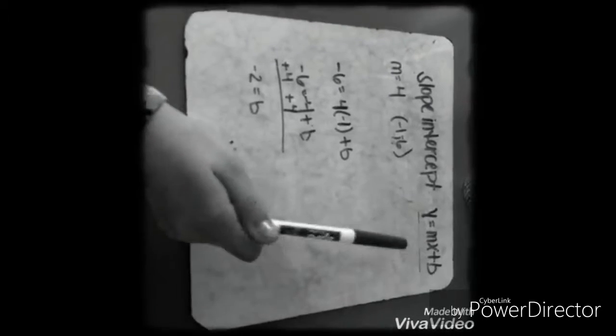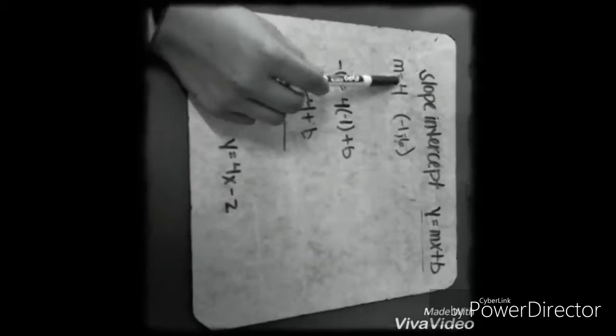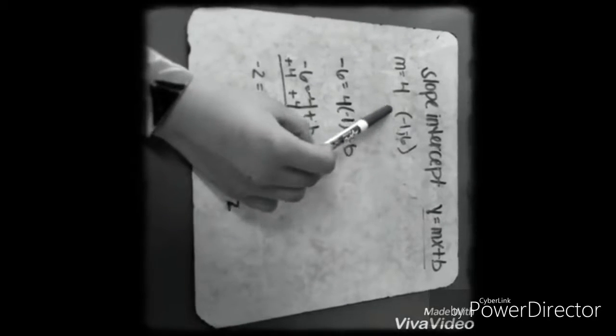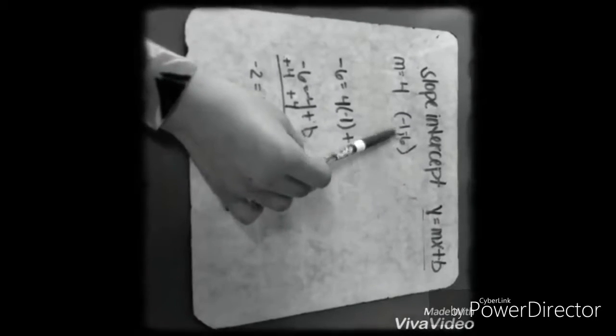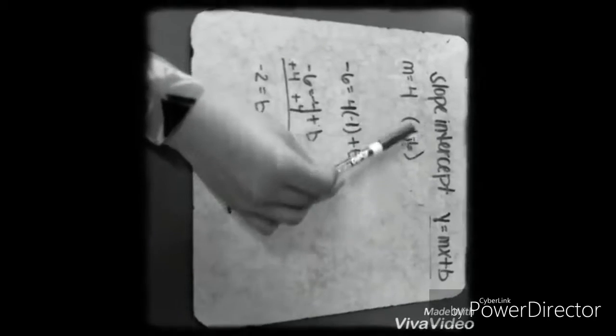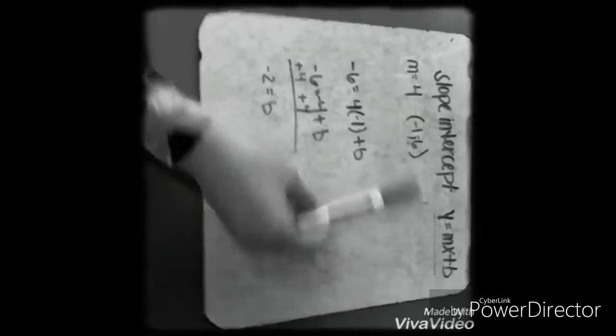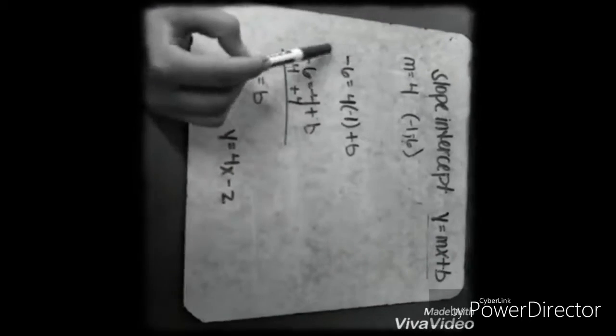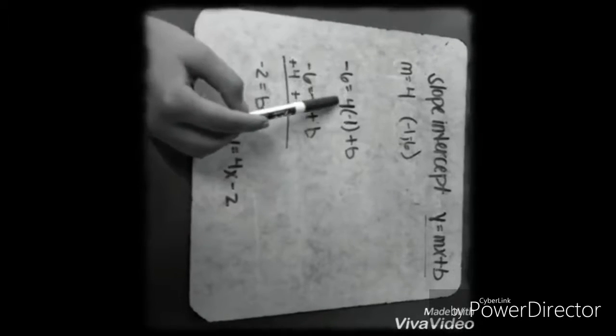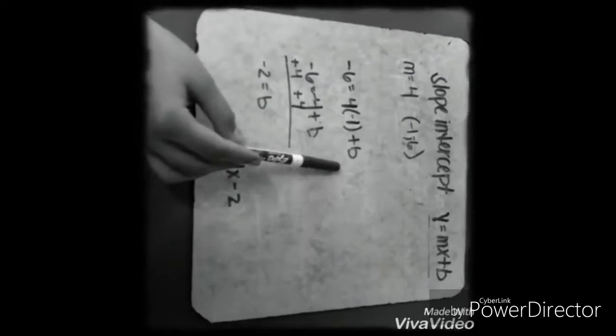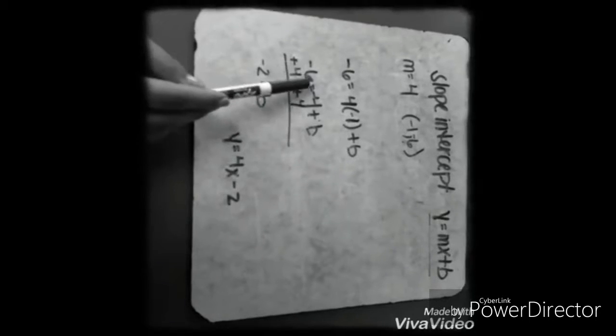Let's find the equation of the line that has the slope of 4 and passes through the point (-1, -6). We have our m, our x, and our y, and the only thing we're missing is our b. So let's plug these in to figure out what b is. So we would put in -6 equals 4 times -1 plus b. And when we solve that, we get -6 equals -4 plus b.